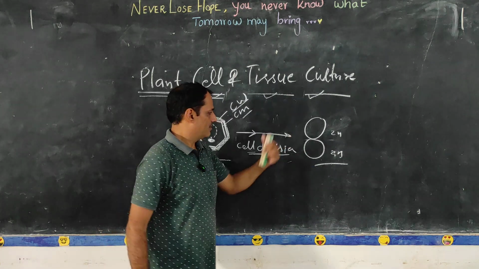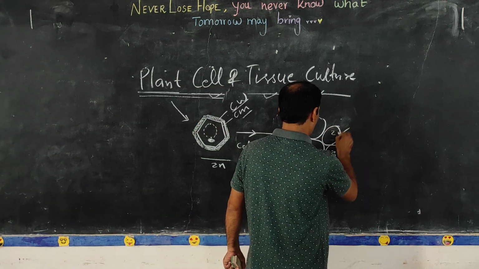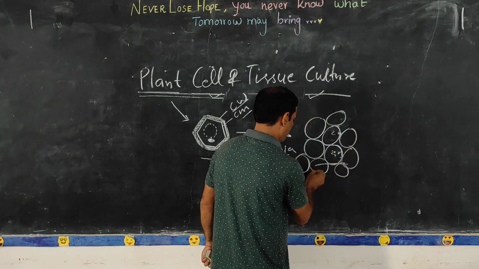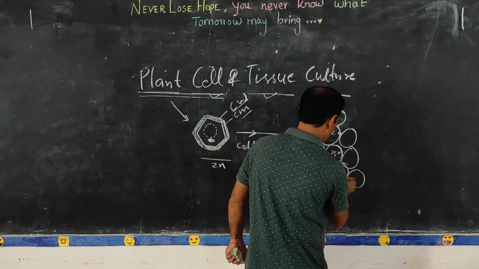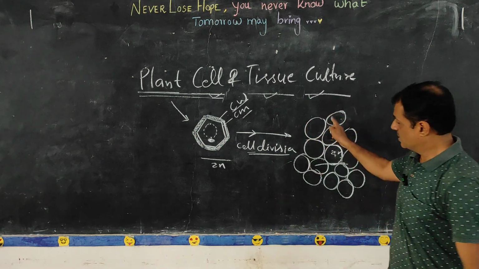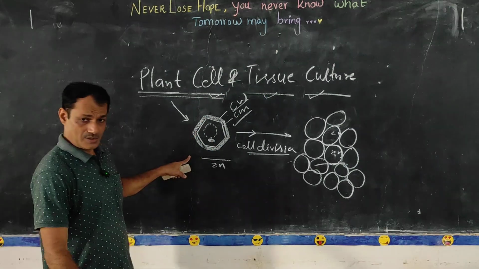Yes. Then further cell division will happen in the same way, 2 become 4, 4 become 8, and formation of many cells like this. All these cells originated from this single cell. Yes or not?